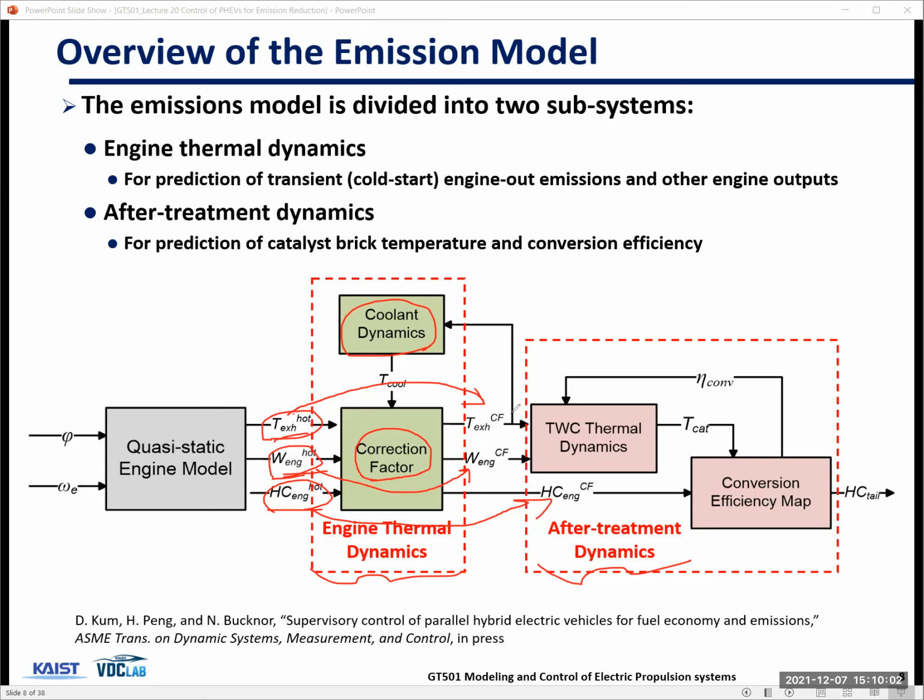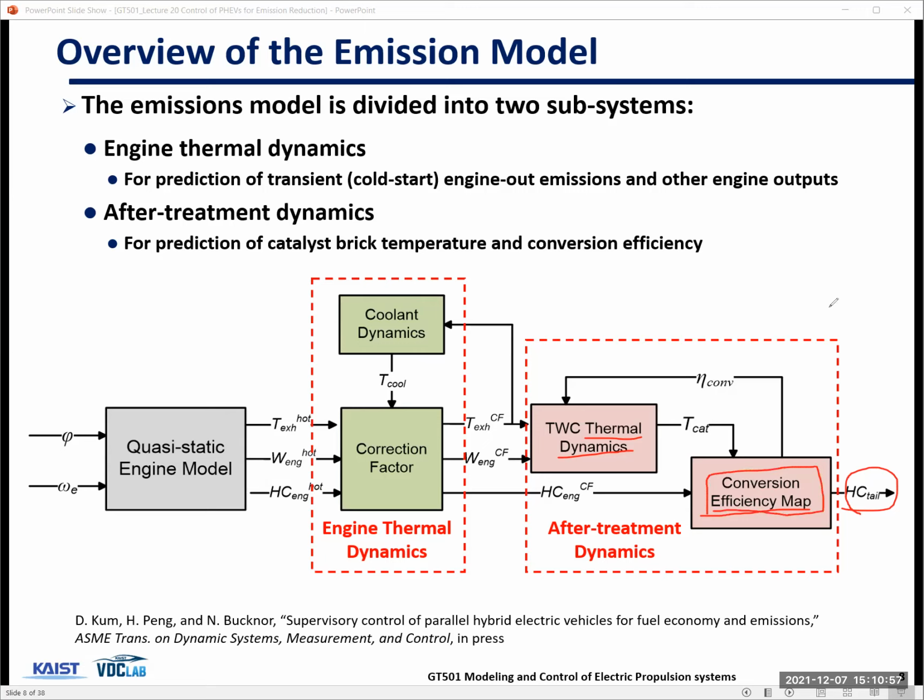And the aftertreatment model takes those values and tries to model the thermal dynamics of the converter, and finally we want to be able to compute tailpipe emission using a conversion efficiency map. This conversion efficiency map is a function of converter temperature.